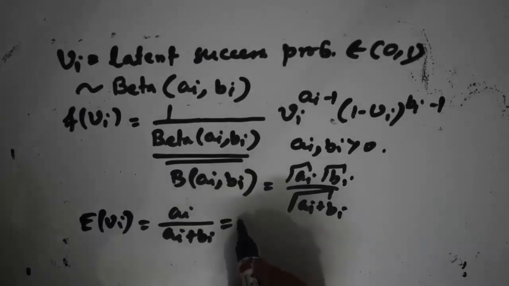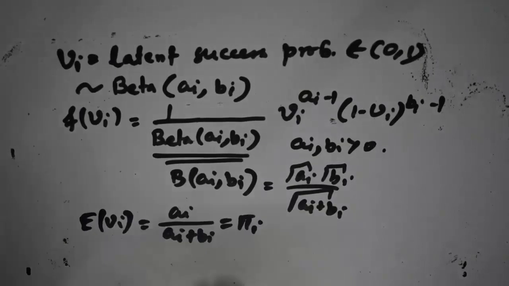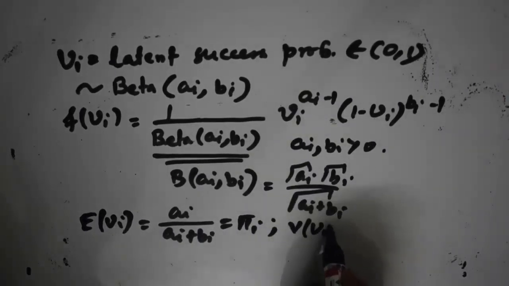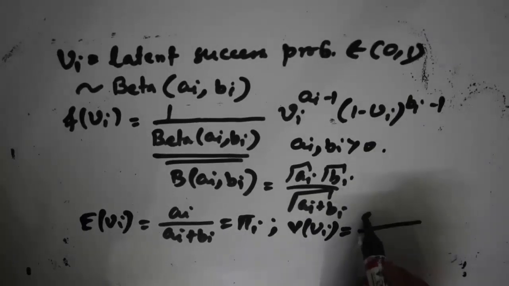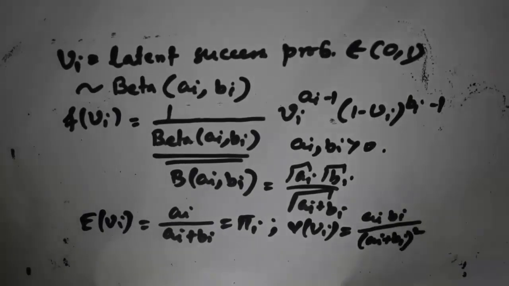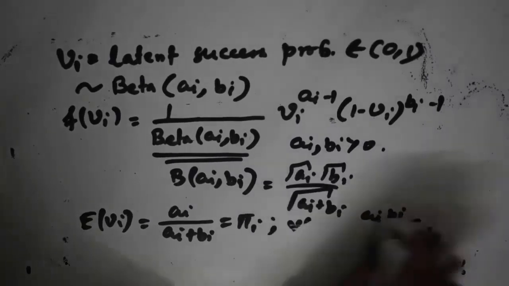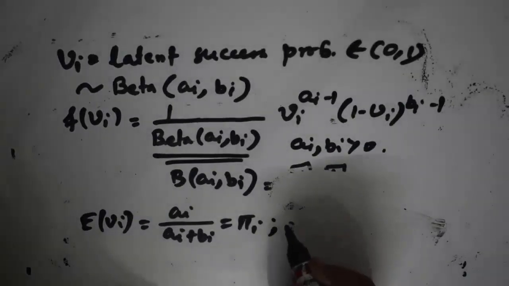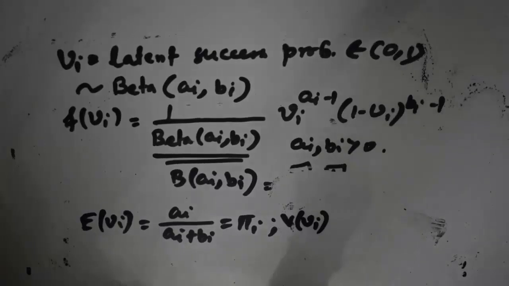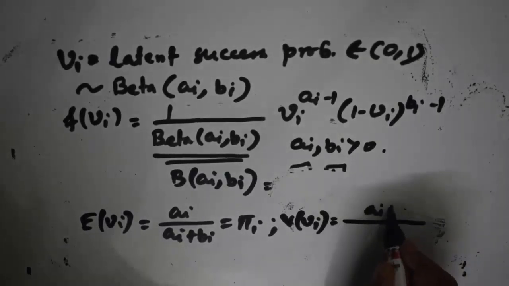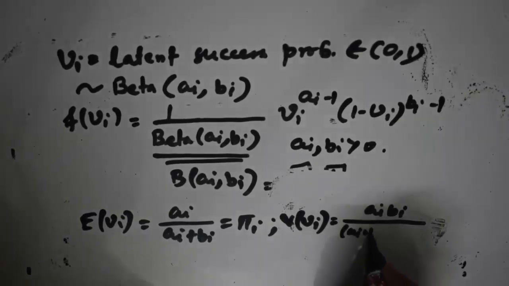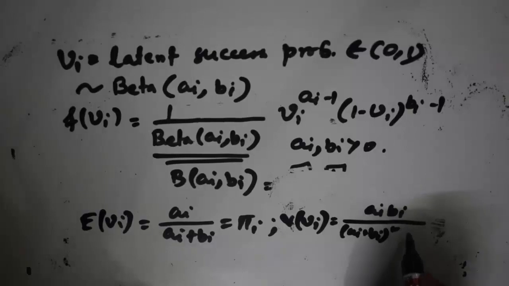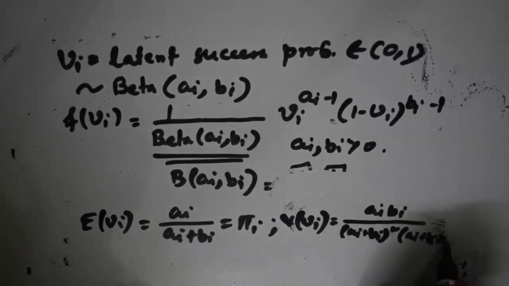So this is equal to pi i, and variance of Vi is equal to ai bi by ai plus bi whole square into ai plus bi plus 1.